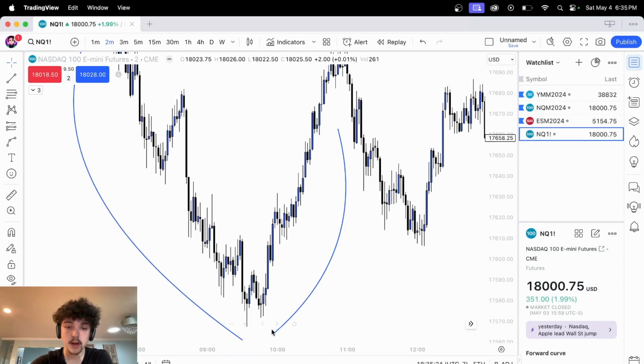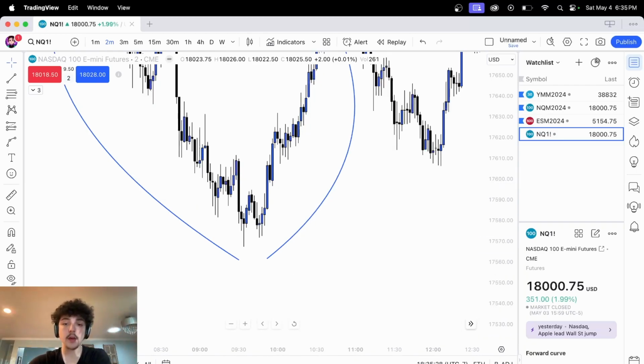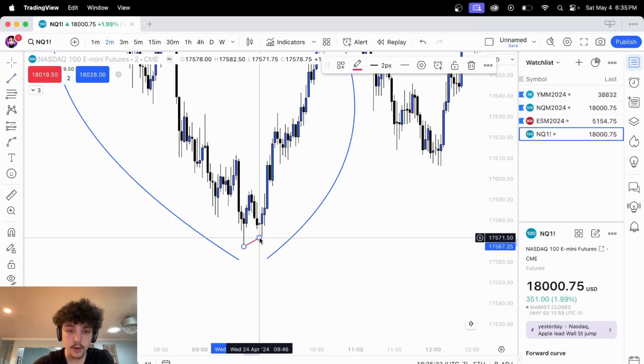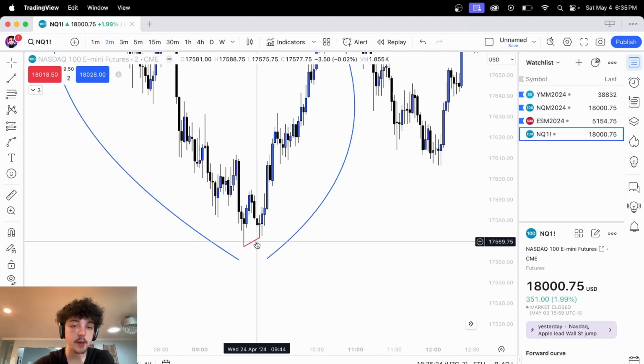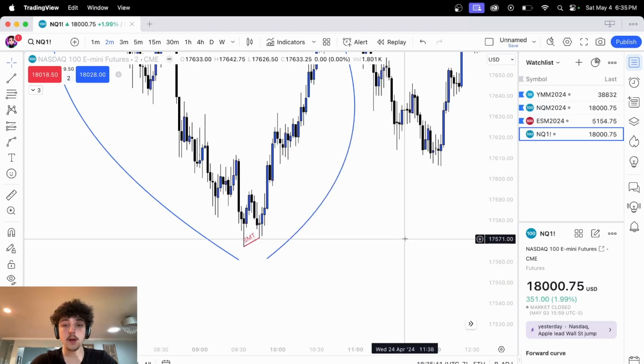Buy and sell side of the curve. Okay, so for example, another thing right here, there could be possible SMTs right here. I don't know, but you would be able to look at SMT right here.